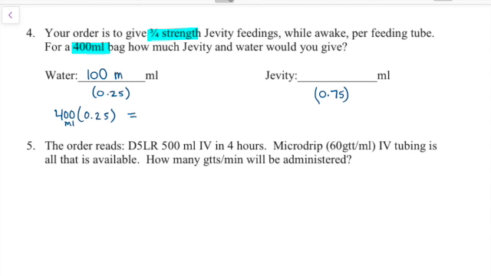So 100 mLs. And for Gevity, we could multiply the 400 by 0.75, which would be 300, or we could do 400 is what's total, and then we know 100 is going to be water, and so 300 must be left over of Gevity.